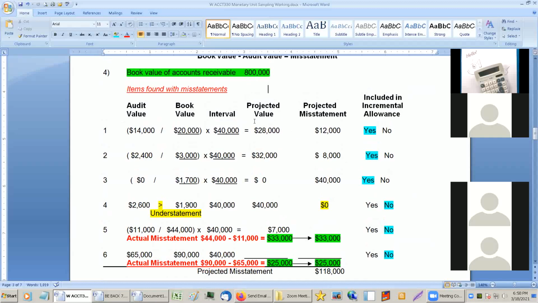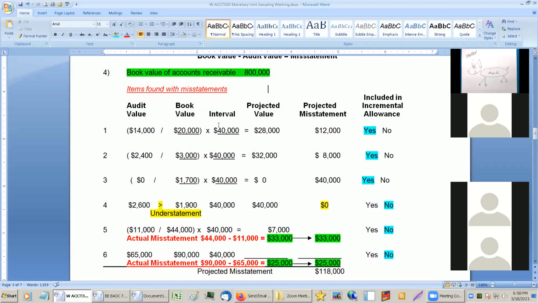Here's a question for you. How many items were in the sample? Would it be 6? Nope, more.